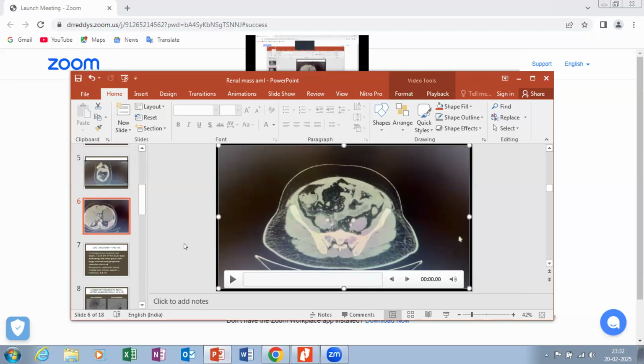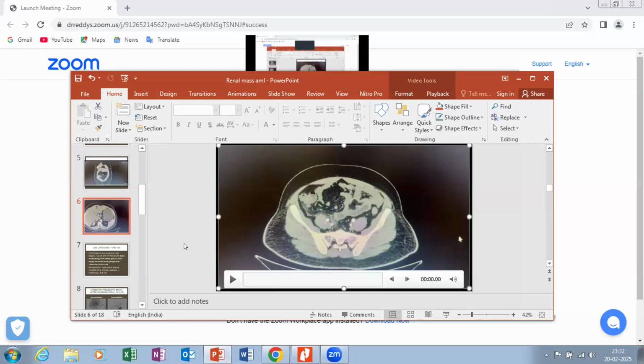So you did a nephrectomy or partial nephrectomy, and the HPR came as epithelioid angiomyolipoma. How will you follow up? The follow-up of angiomyolipoma and epithelioid angiomyolipoma.